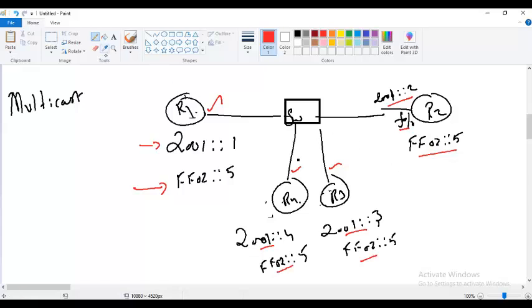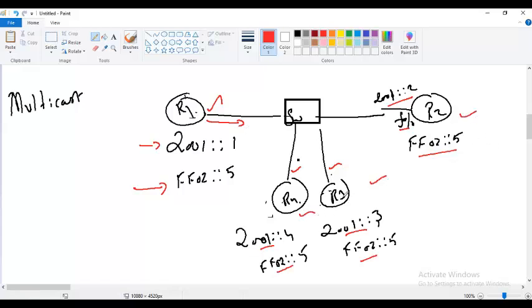So when we enable OSPF, you can see multicast getting enabled automatically. And depending on the protocol, the multicast address will vary. If it is OSPF, FF02::5. So that when a single hello packet is sent, it will go to everyone.